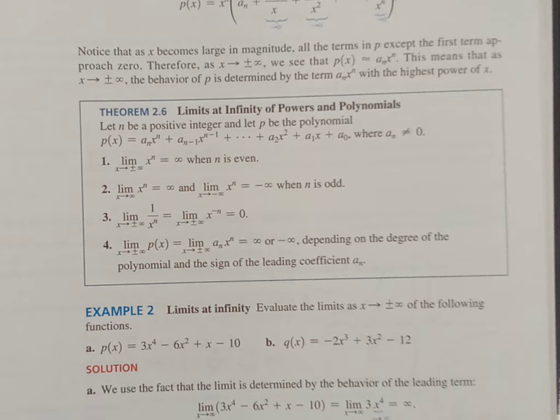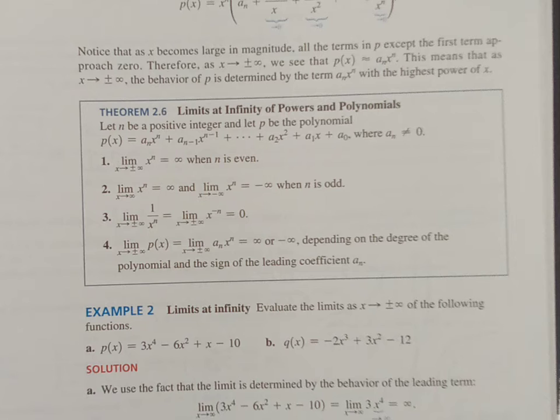Then they say, let's say that we have 1 over some value. Again, a constant over something growing unbounded is always going to go to 0.